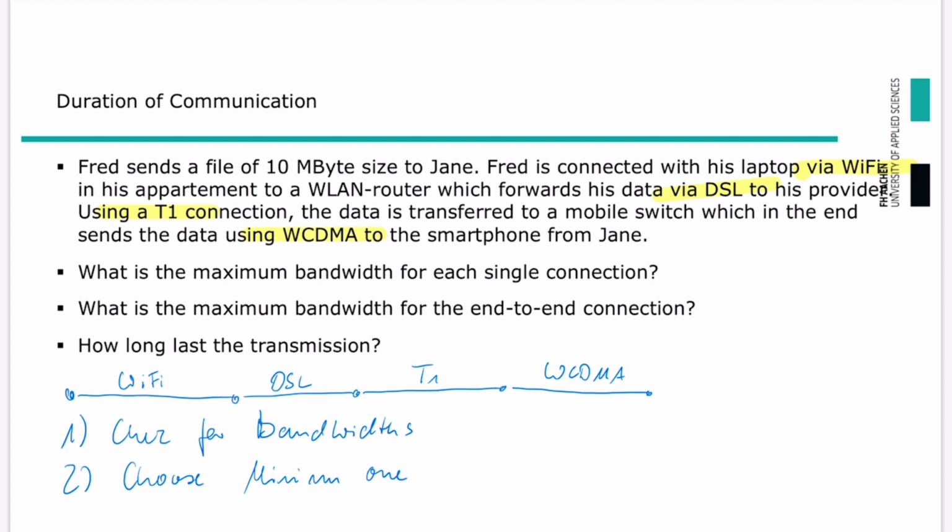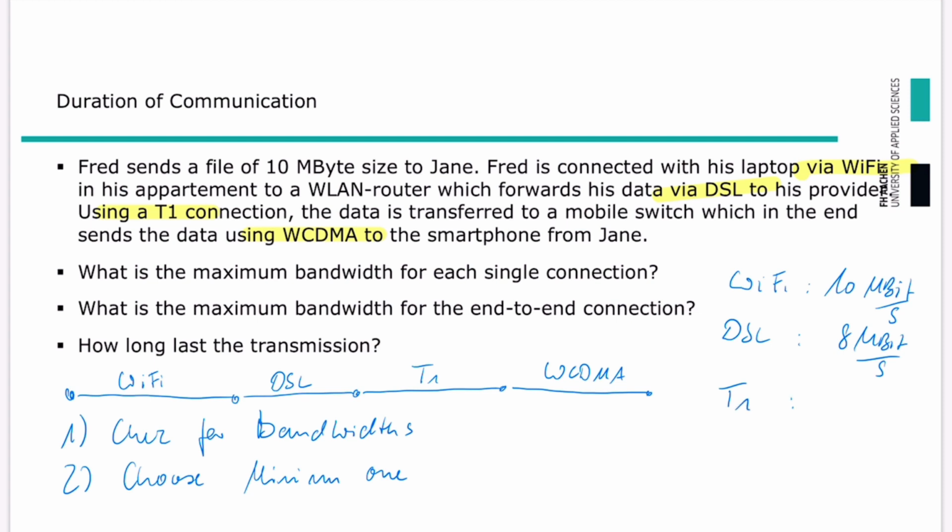Now let's check. Okay, Wi-Fi, we have to look up, but typically we have values like 10 megabit per second. DSL, basically the same, maybe 8 megabit per second. T1, that's the data highway.